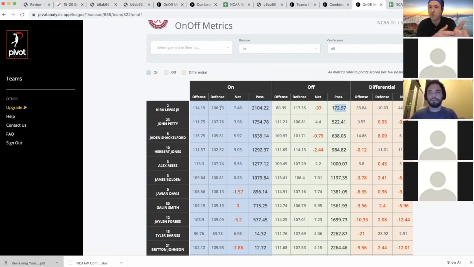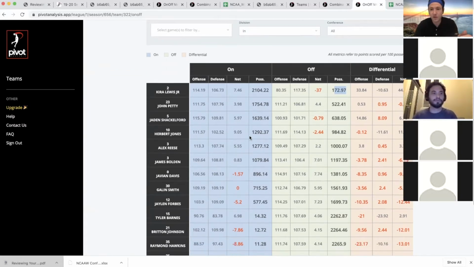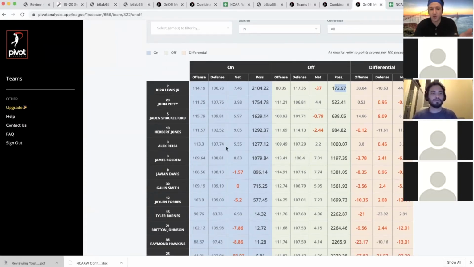So for the most part, focusing on the on is going to be a little bit more productive in terms of understanding what the future may hold, or what numbers are actually able to sustain. So you do have the ability, especially for a rotation player. So obviously James Bolden played 1,100 or 1,200 possessions on and off.